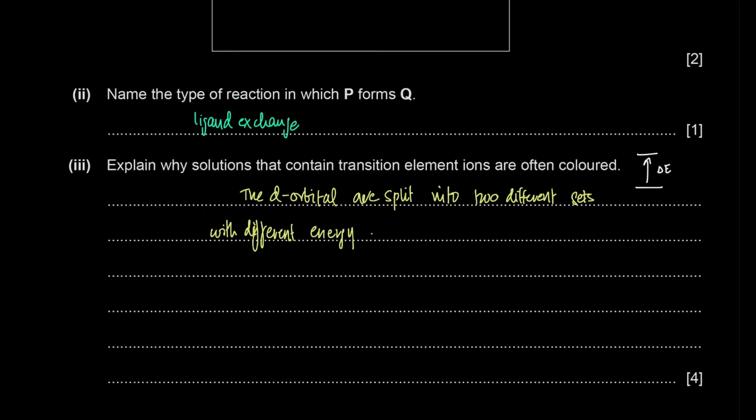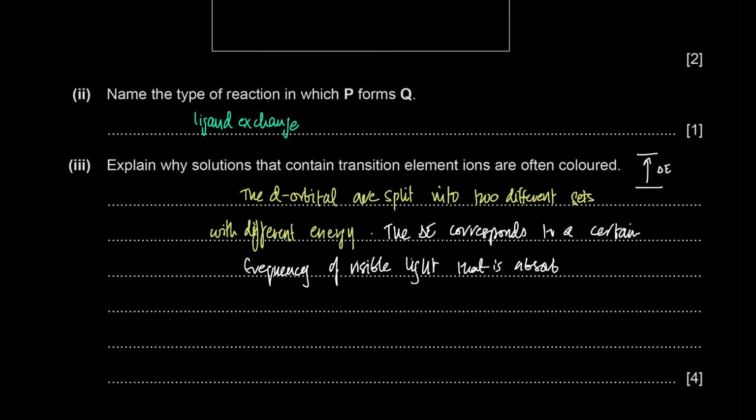The difference in energy, we call that delta E. The difference in energy corresponds to a certain frequency of visible light that is absorbed, resulting in the promotion, or excitation, of an electron from a lower energy to a higher energy d orbital.